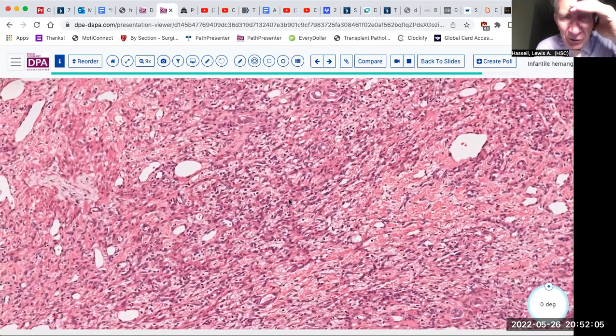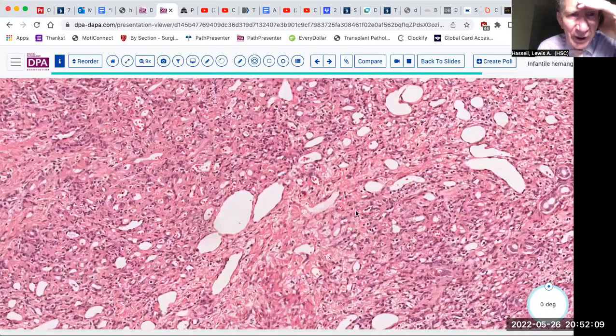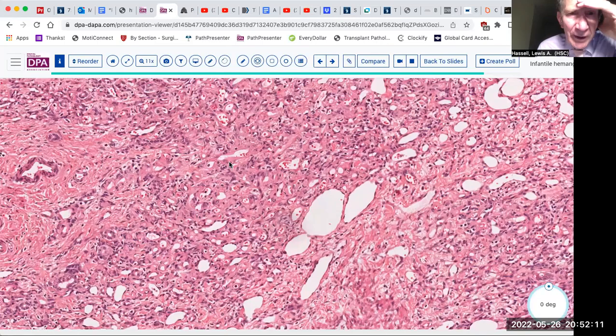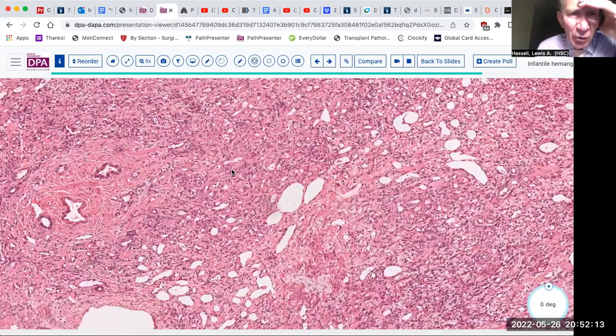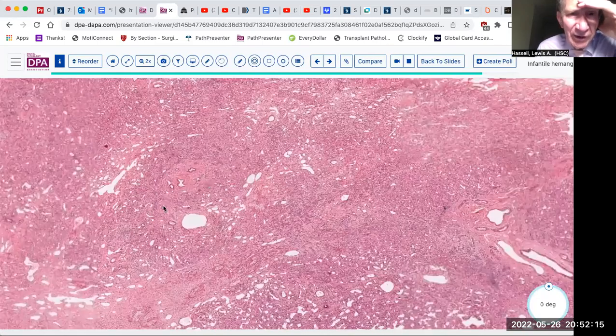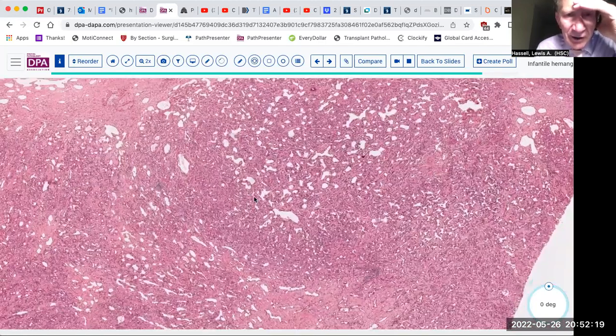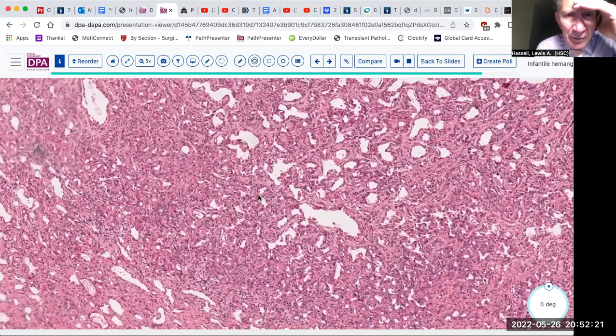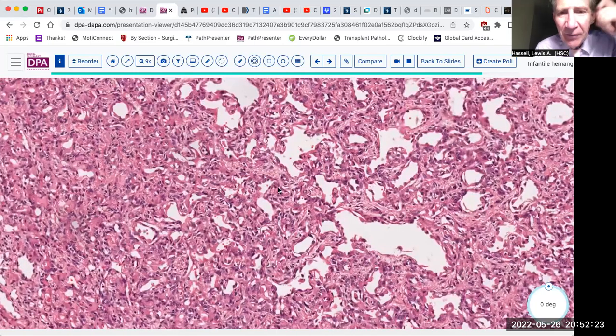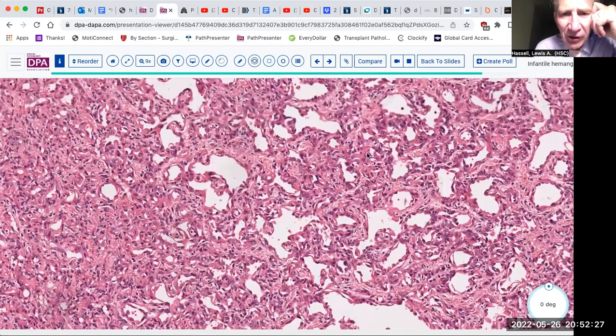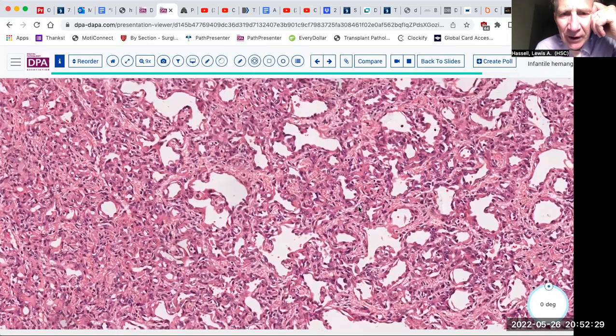And here's some residual liver tissue, but then you get all of these vessels here. And so this patient was not doing well, had multiple nodules in the liver. And my colleague there in Hanoi had the brilliant idea to treat this patient with curcumin.